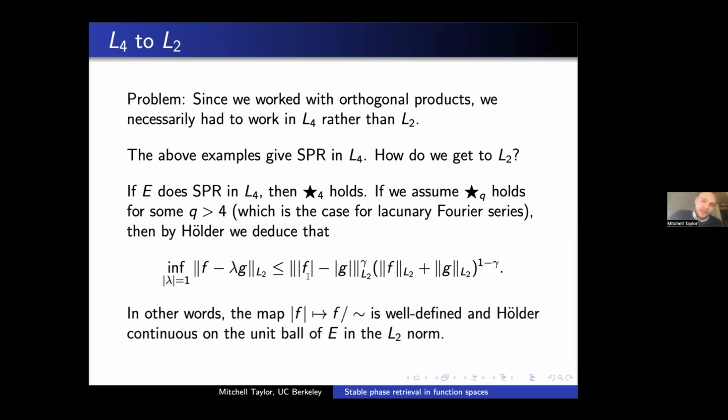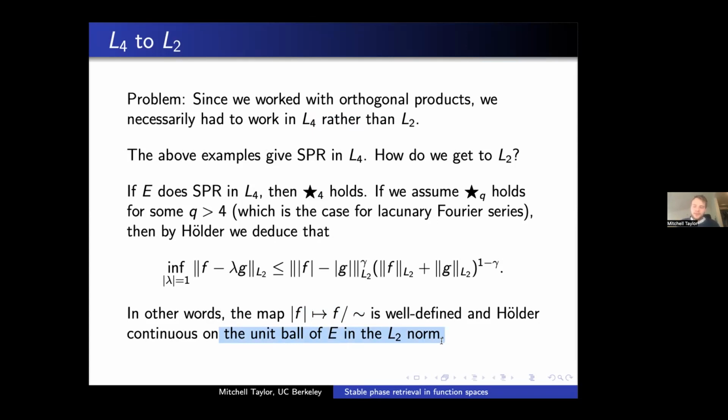This inequality tells me that the recovery map that sends the absolute value of F to F modulo phase is well defined and Hölder continuous on the unit ball of L2. So the point here is that if I can get Lipschitz SPR in L4 and a little bit extra integrability, then I can get Hölder continuity of the phase recovery map on the unit ball of L2.